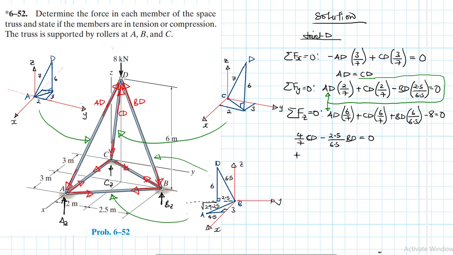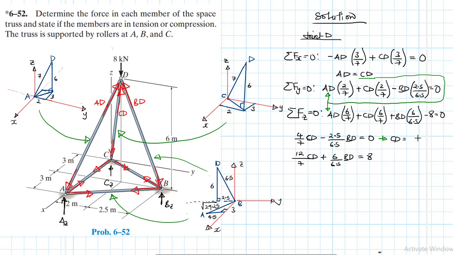The second one will be 12 divided by 7 CD plus 6 divided by 6.5 BD, equal to 8. We can make CD the subject of the formula.